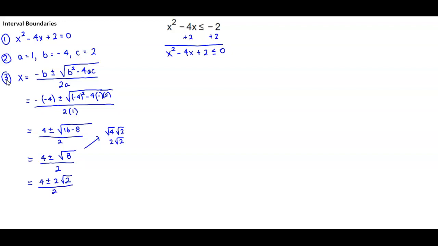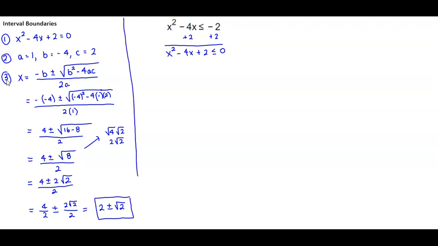Okay, and then we need to share the denominator, so we have 4 over 2 plus or minus 2 times the square root of 2 over 2. We know 4 divided by 2 is going to give us 2, plus or minus 2 divided by 2, which is going to give us the square root of 2. So therefore, those are our interval boundaries.